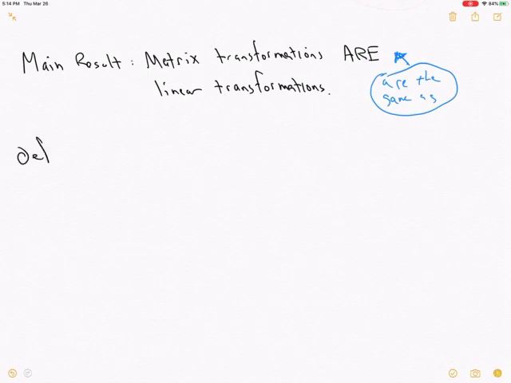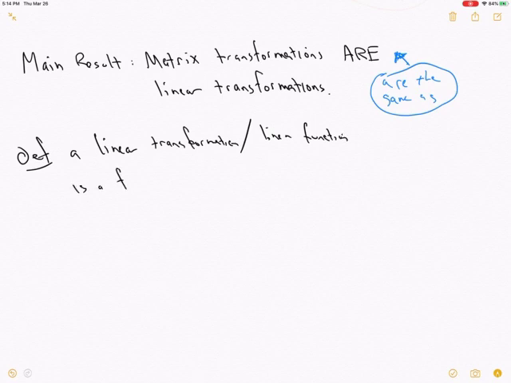Definition: a linear transformation, also called a linear function, is a function between real vector spaces.